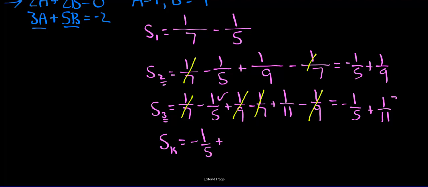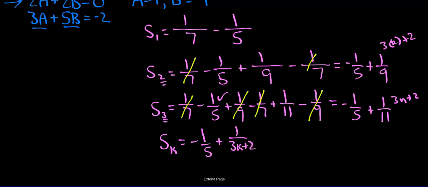So let's think about this: 3n plus 2. What about the other one? 3 times 2 plus 2 is 6, 7, 8. It looks like the formula might be 1 over 3k plus 2.